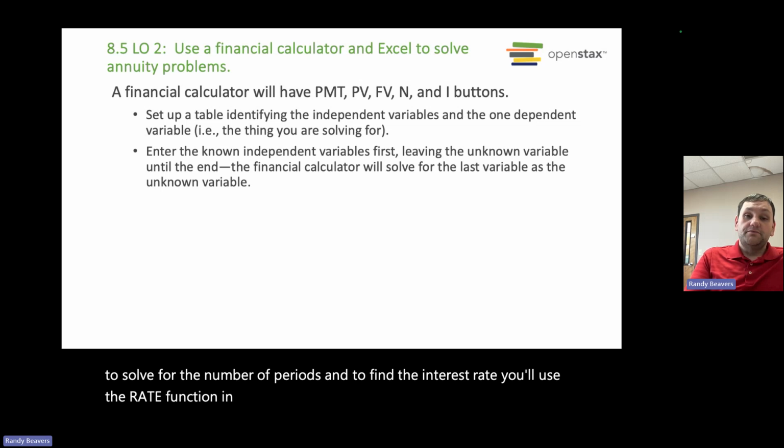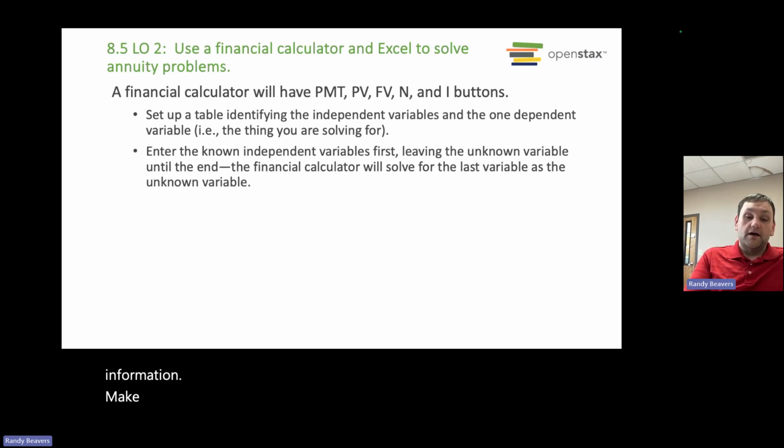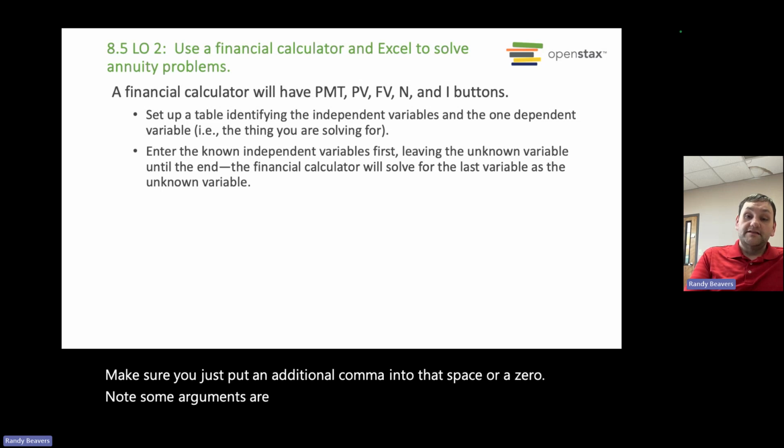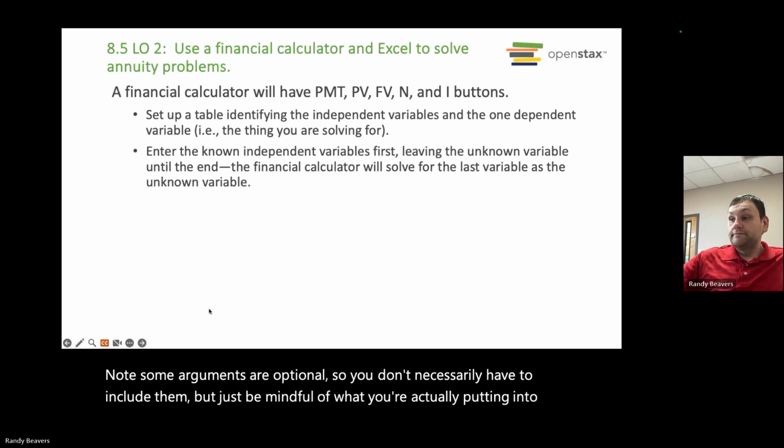Make sure that you put in the arguments in the appropriate order. And if you don't have some of that information, make sure you put an additional comma into that space or a 0. Note, some arguments are optional, so you don't necessarily have to include them, but be mindful of what you're actually putting into Excel.